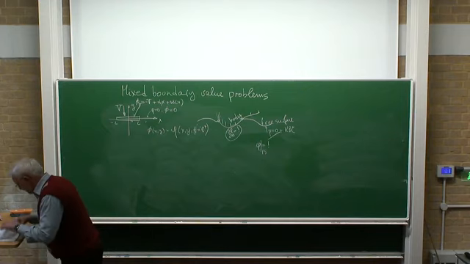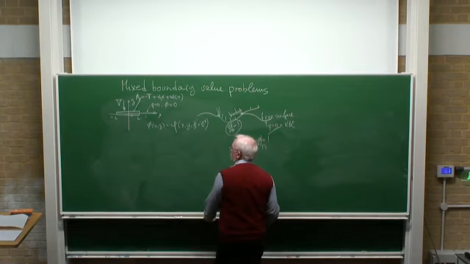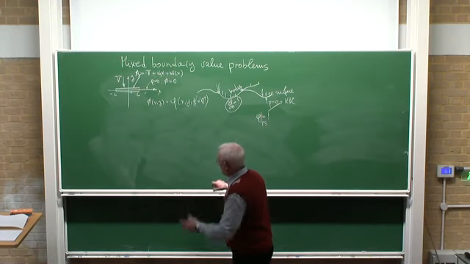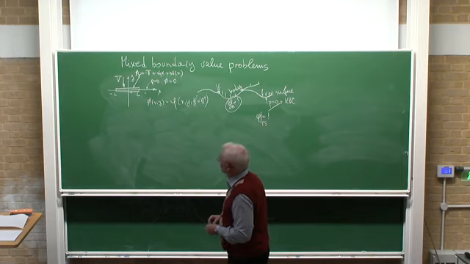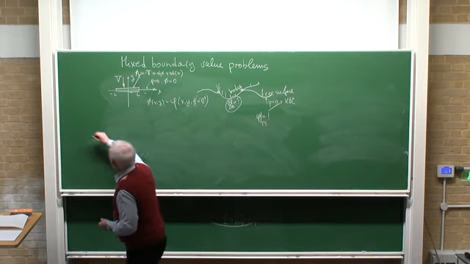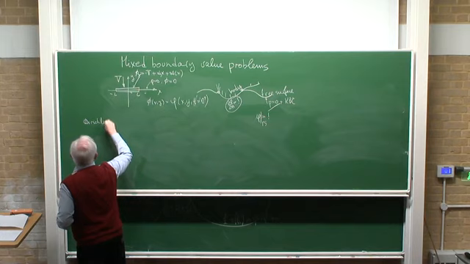So that is the example, and then to start with the solution, to explain how to solve the mixed boundary value problem, we start with the Dirichlet boundary value problem.